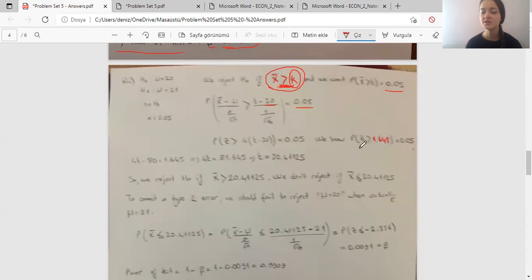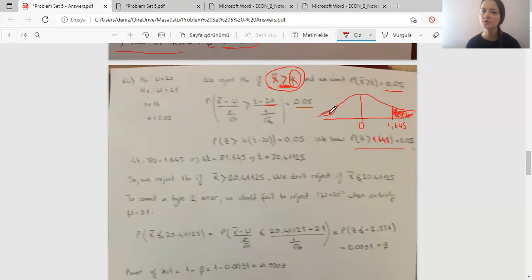Why? This is from the table, and this is something we should know by heart. If this is a standard normal distribution, then you know that the mean is 0, and when our Z value is 1.645, the probability left on the right-hand side is going to be 0.05, okay?